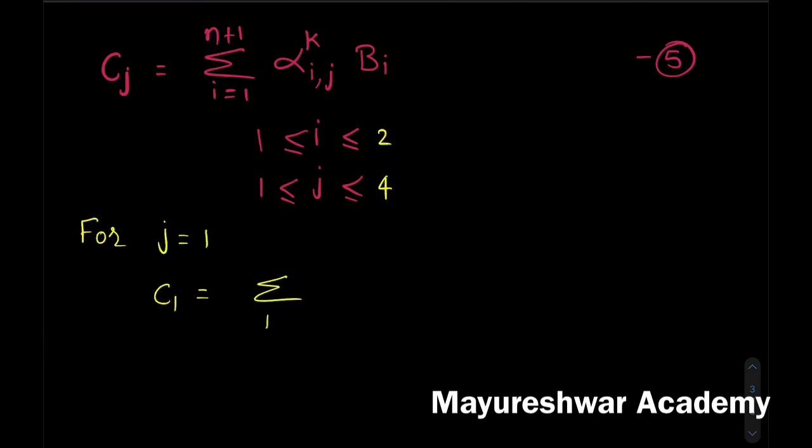c1 is equal to summation of I 1 to n plus 1, that is 3, and alpha I comma j, which is 1 now, and 2, k is 2, and pi. So that is the value of c1.